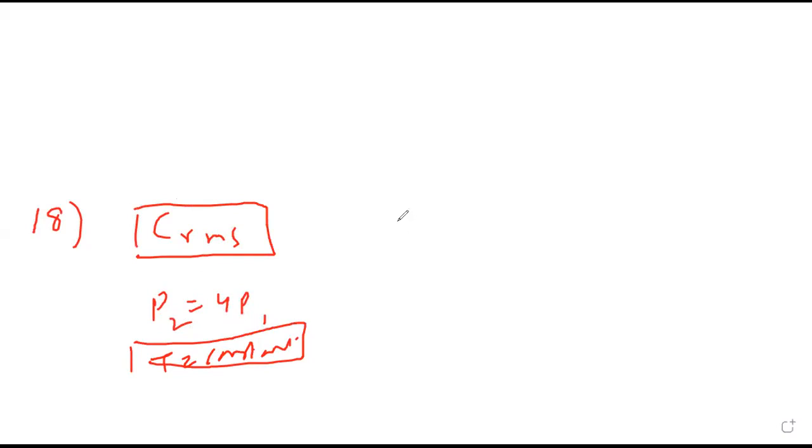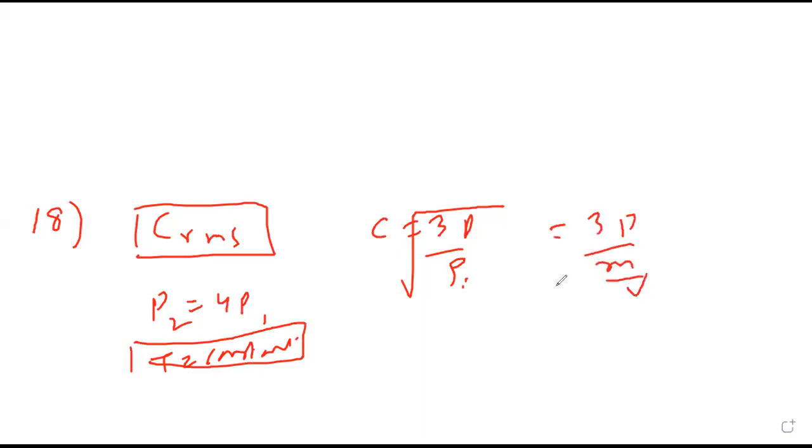Hello? Somebody will say, sir, I will write 3p by rho. Yeah, you write, nothing will happen. But rho is not constant. You have to write this rho in terms of pressure, volume, temperature. So this is nothing but 3p upon mass upon volume, correct? If you start with pressure, so 3pV upon m.